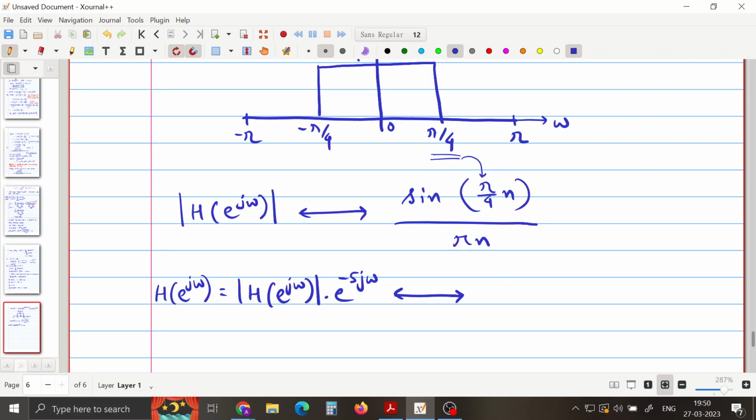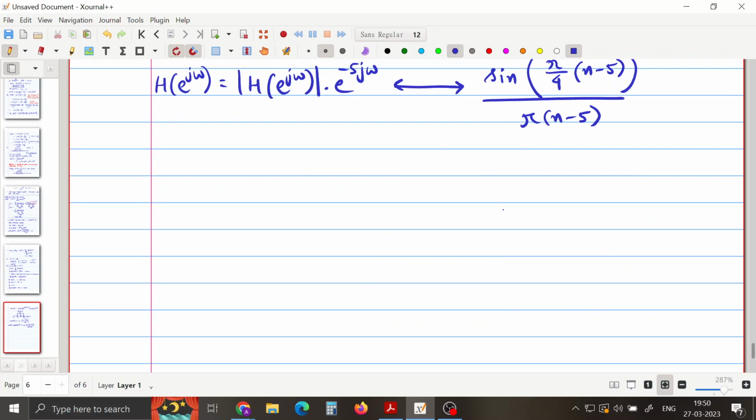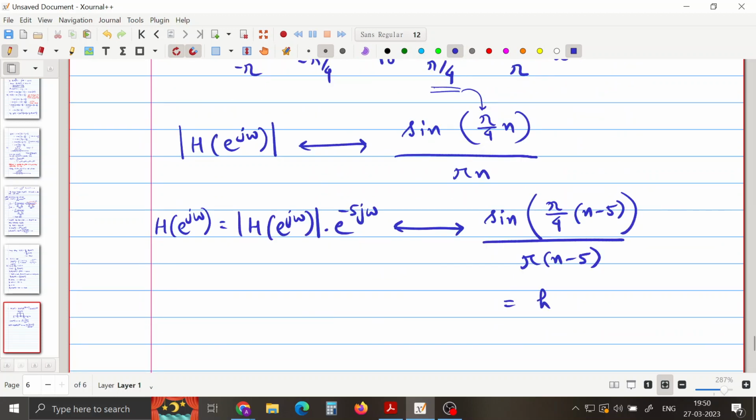It's just a time delay. In the time domain there will be a delay, because it's an exponential multiplication in the frequency domain, so it translates to time delay in the time domain. Similarly this will also get delayed by 5 samples. This is actually our h of n, the answer.